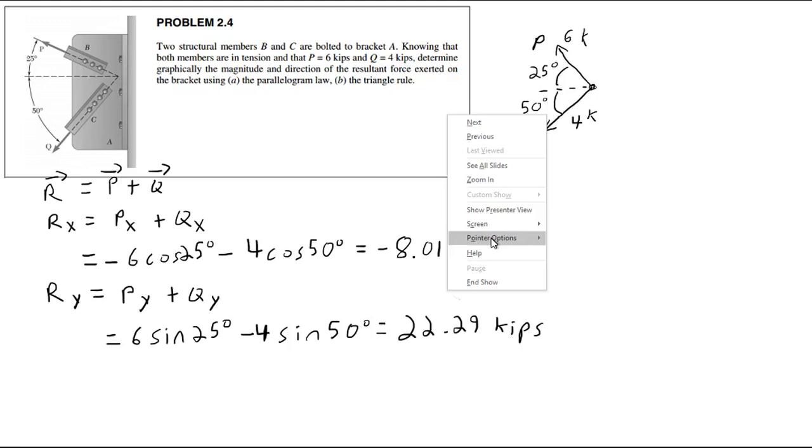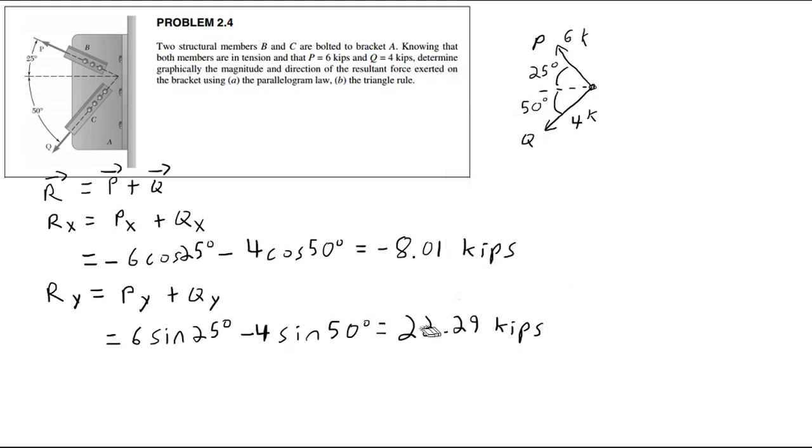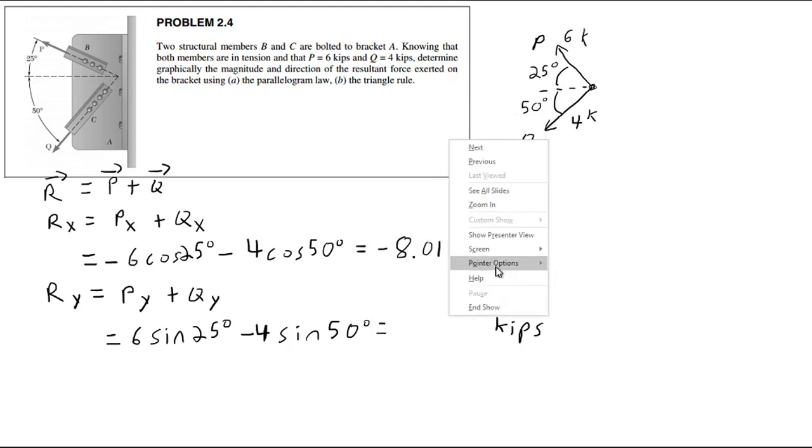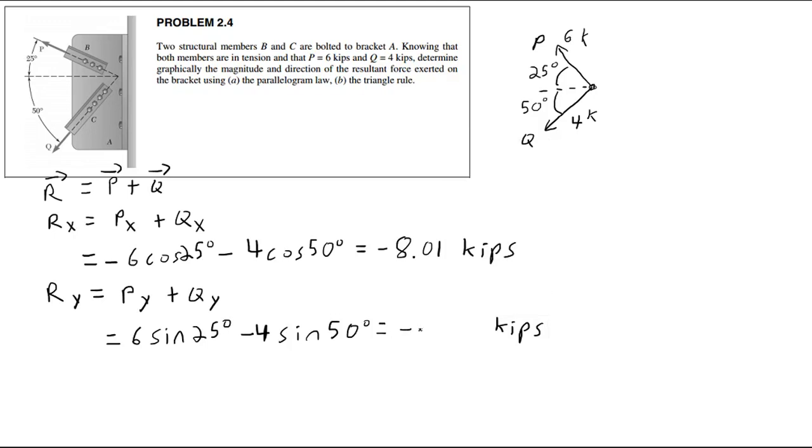That was distressingly large. Fat finger on the calculator. It is actually negative 0.528 kips. Any questions on that so far?